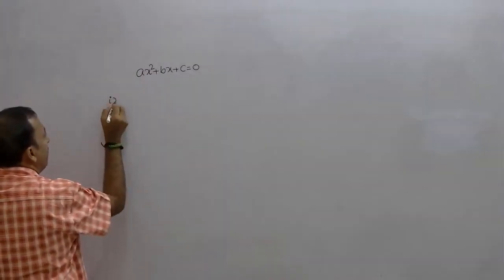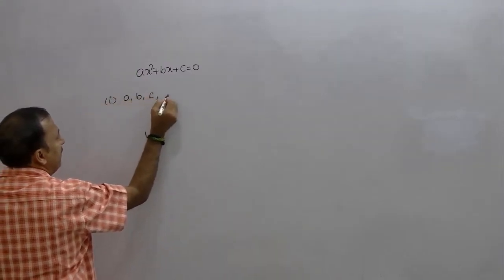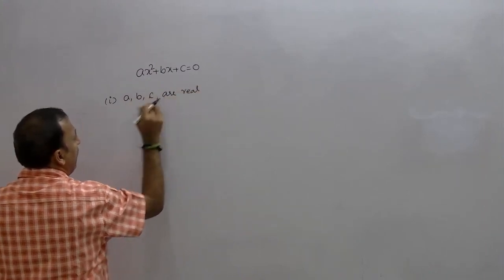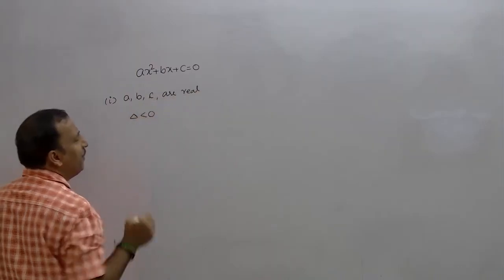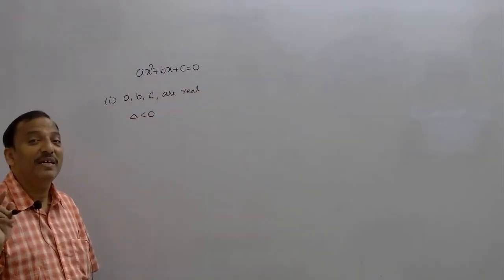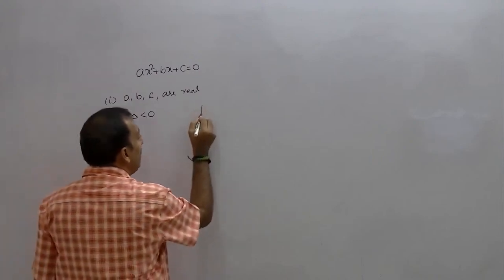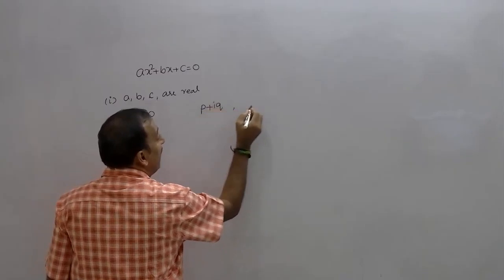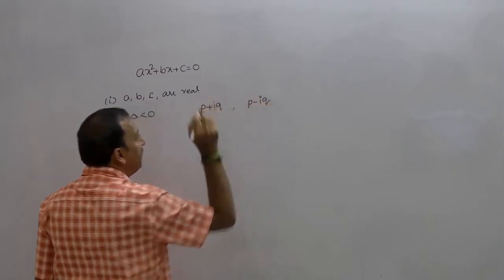Suppose, first point, if a, b, c are real numbers and if the discriminant is less than 0, the two roots are imaginary. And if one of the roots of the equation is p plus iq, then the other root must be p minus iq.